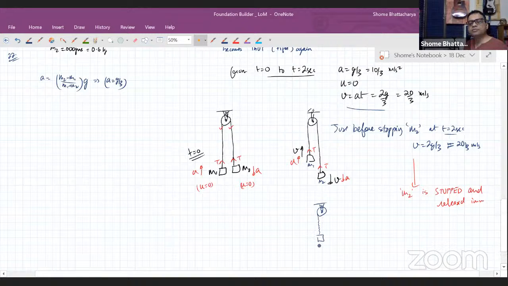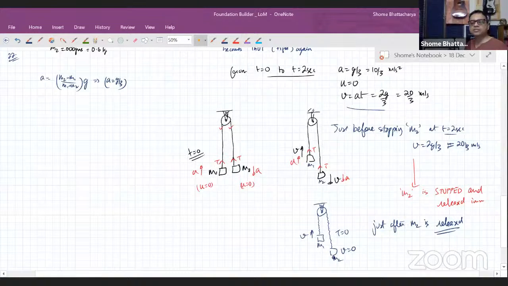Because on this side M1 is going up with that velocity, but M2 on the other side is being stopped, so its velocity has become 0. So the string loses its tension. The tension in the string becomes 0 just after M2 is released. This is what happens.